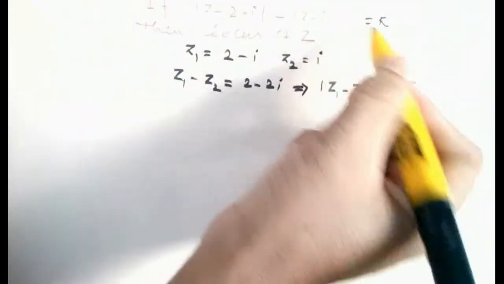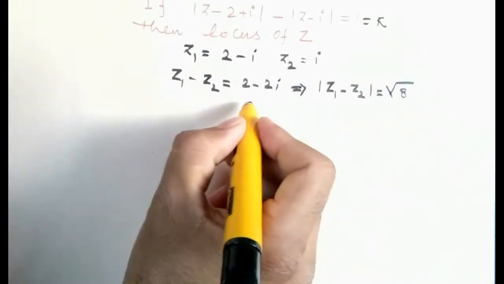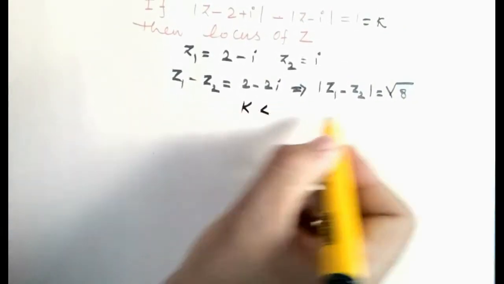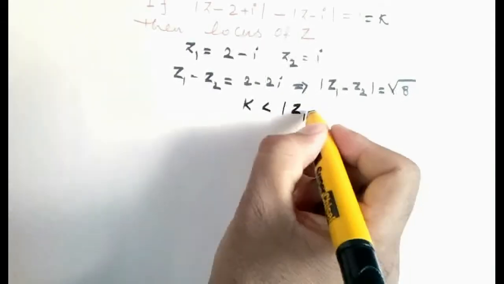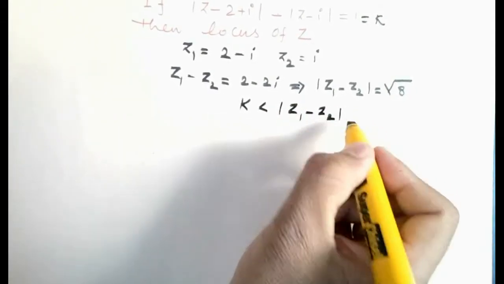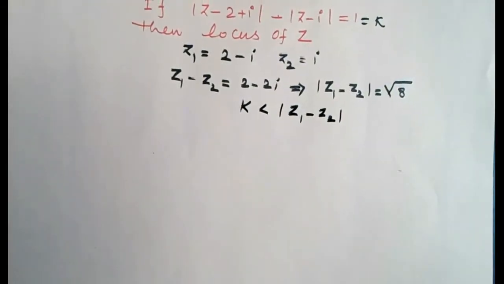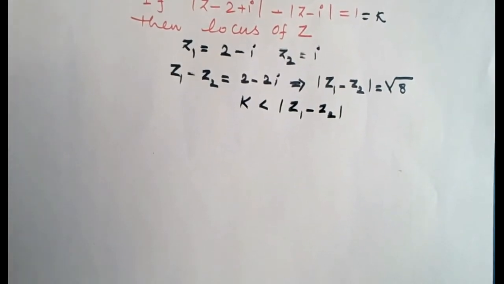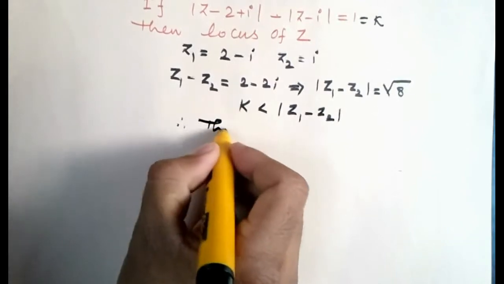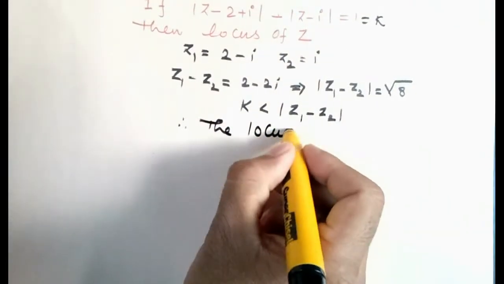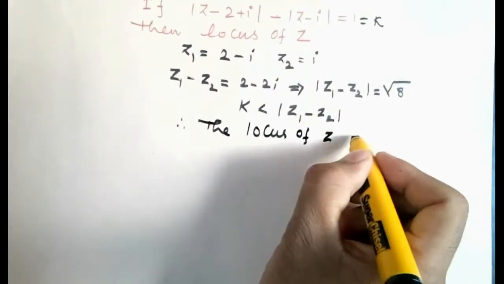So K is less than root 8, that is, K is less than modulus of Z1 minus Z2. So according to the concepts we discussed in the previous lessons, the locus of Z is a hyperbola.